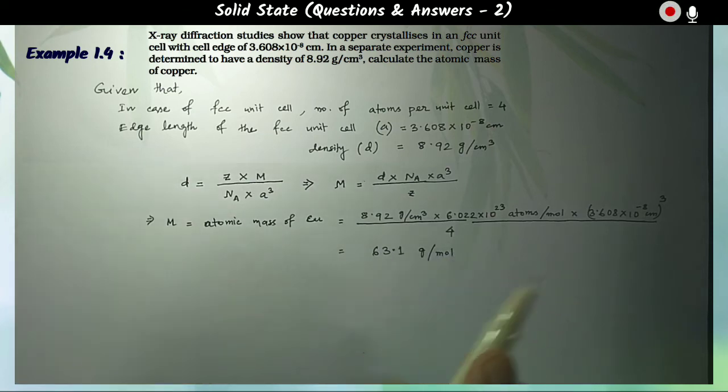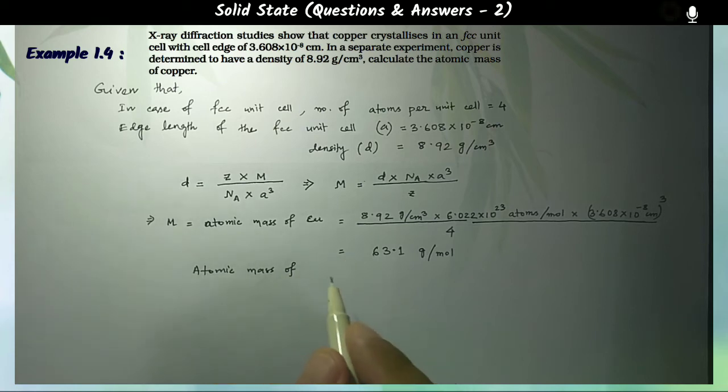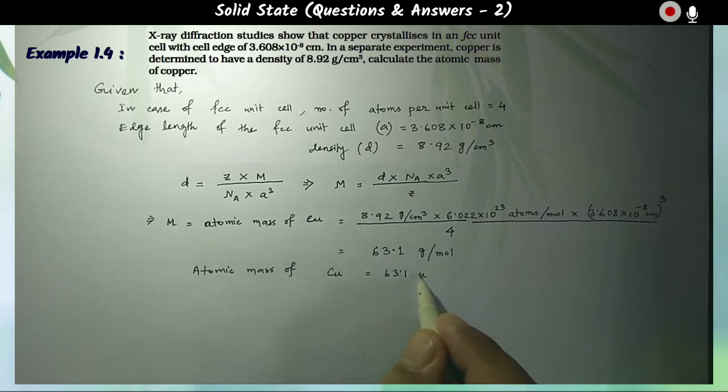So the atomic mass of copper is found to be 63.1 U on the atomic scale.